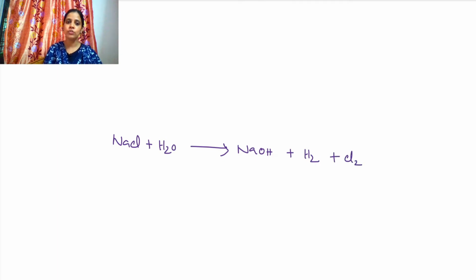So what do we get from this brine solution? If we pass electric current through this brine solution, as sodium chloride is dissolved in water, here I write aqueous sodium chloride, and water is a pure liquid.